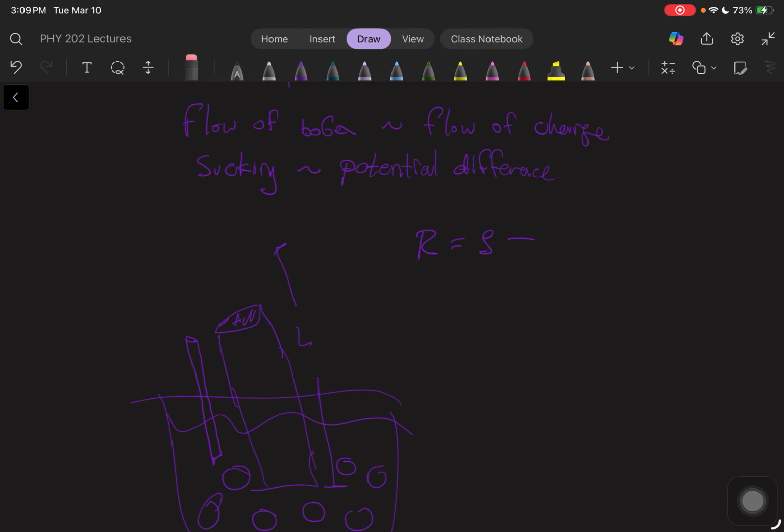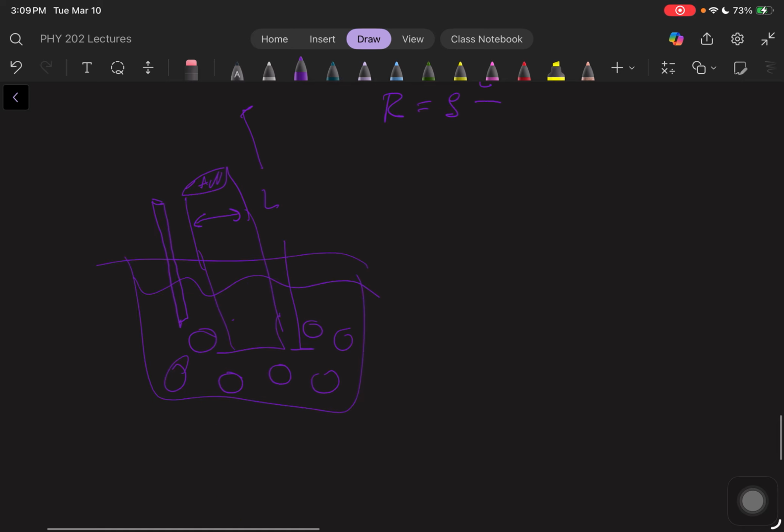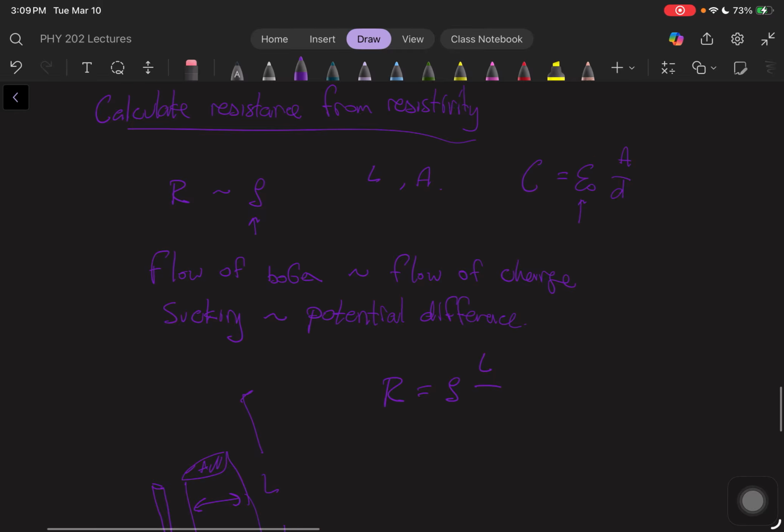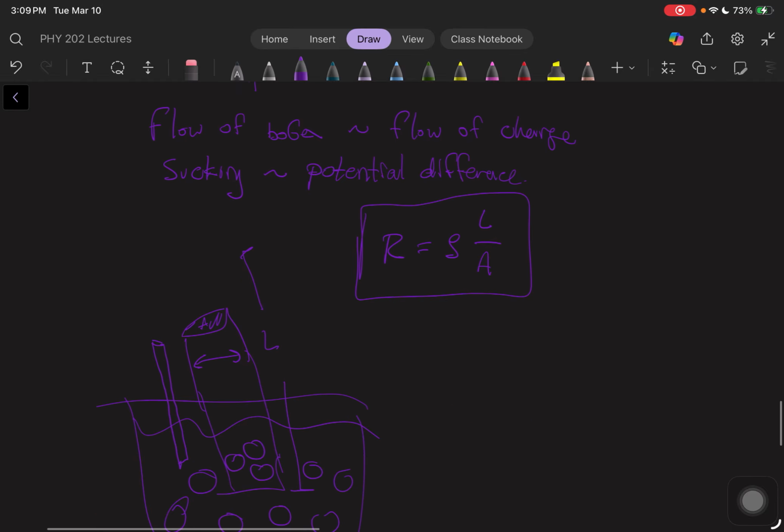Resistance is difficulty, so the longer it is, the more difficult it is. So we need the A over here. And then the greater the area, the wider the straw is, the more tapioca pearls you can fit in there. So the bigger the straw is, the lower the resistance. And so you get R is equal to rho L over A.